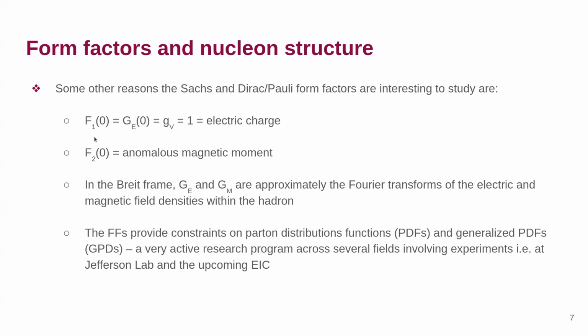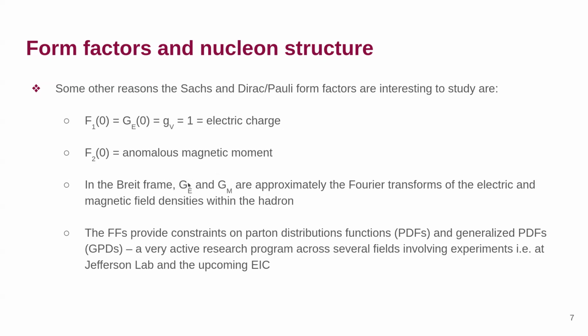And so that's actually given by the form factors F1 and GE at this momentum transfer Q squared equals 0. This case that you've looked at before is really just a specific case of one of these form factor analyses. Similarly, we can get information about, say, the anomalous magnetic moment of the proton, for example, from F2.